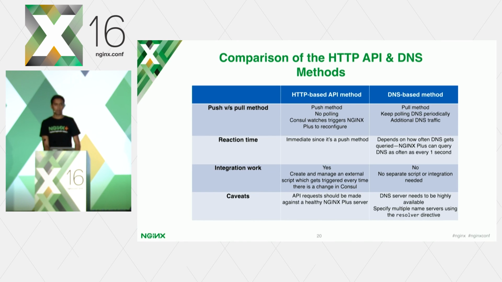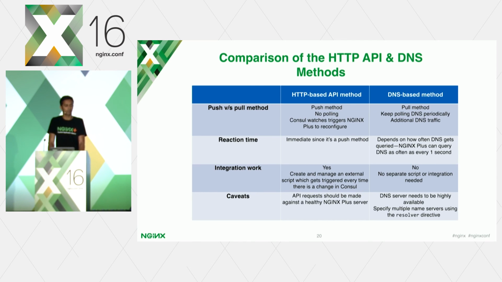So a quick comparison between these two methods, the API and the DNS, is first push versus pull. The API method is a push method because it's Consul watches triggering NGINX, which then executes a script to reconfigure itself. Whereas with the DNS-based method, it's a pull-based method where NGINX Plus is continuously querying Consul's DNS interface.